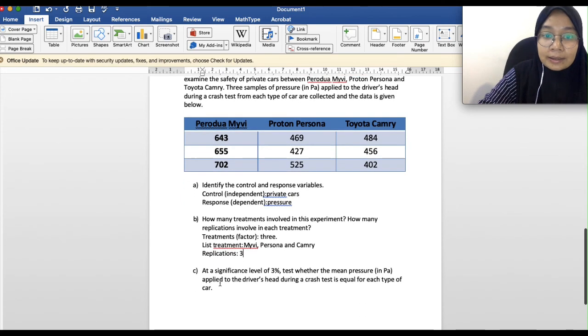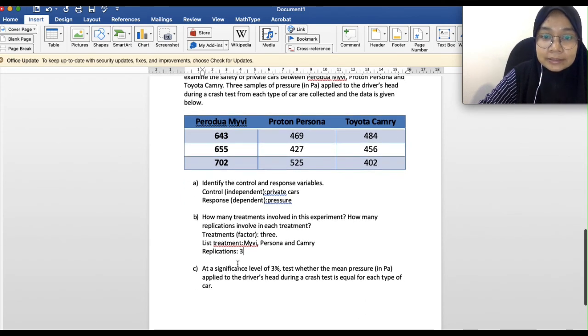Right. C. At a significance level of 3%, test whether the mean pressure applied to the driver's head is equal for each type of car. So they ask you to test whether the mean is similar or not for the 3 different types of private cars. So what I did here is we put the hypothesis first.